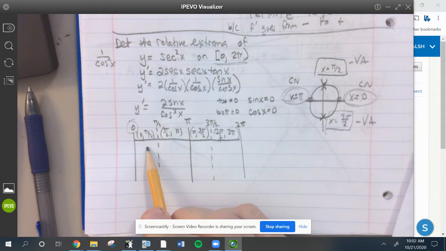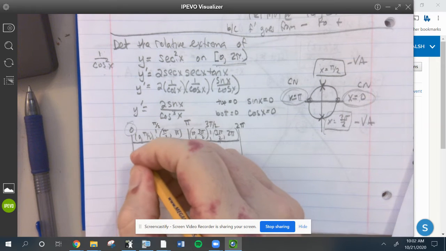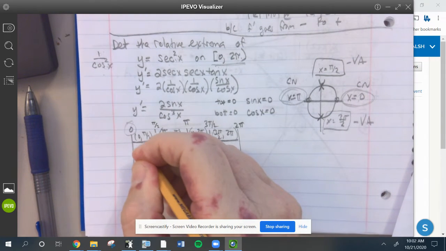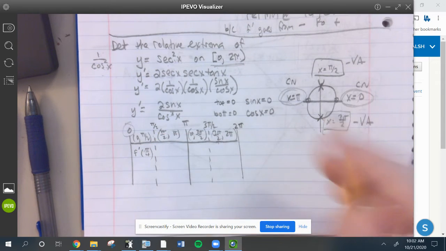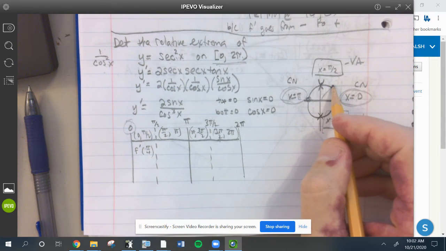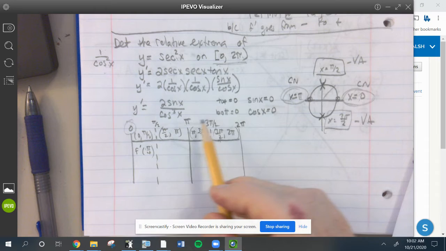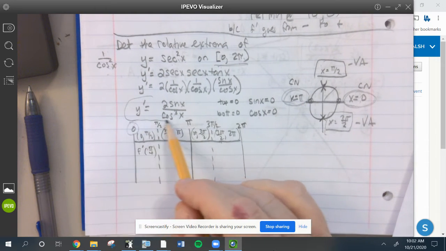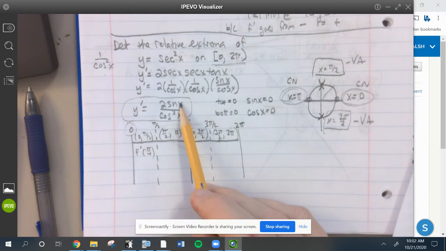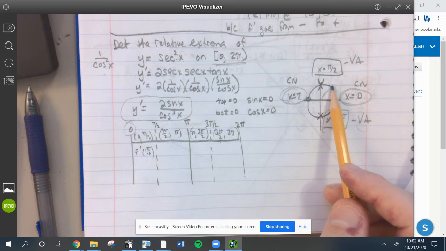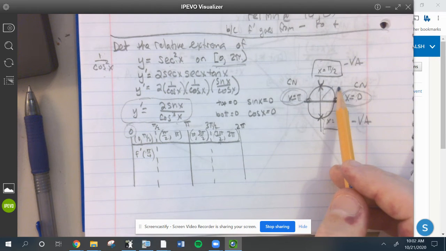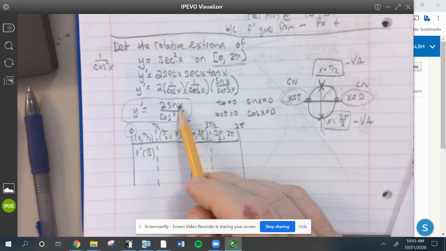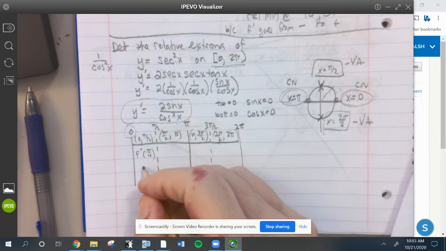Since we have the unit circle, let's use something we know. Let's use the derivative at pi over 4. That's an easy one. Look at our derivative. The sine of pi over 4 is positive because you're in quadrant 1. The cosine of pi over 4 is positive because you're in quadrant 1. So it's a positive divided by a positive, which is positive.